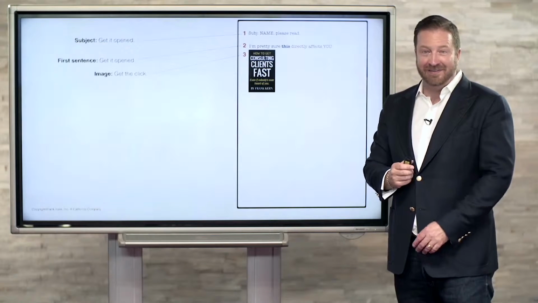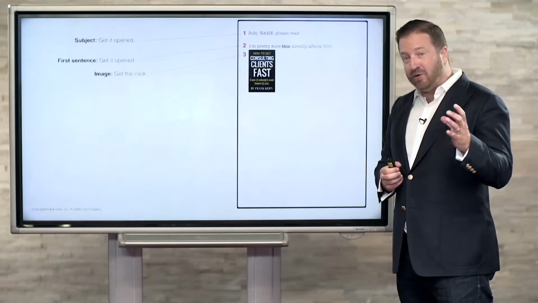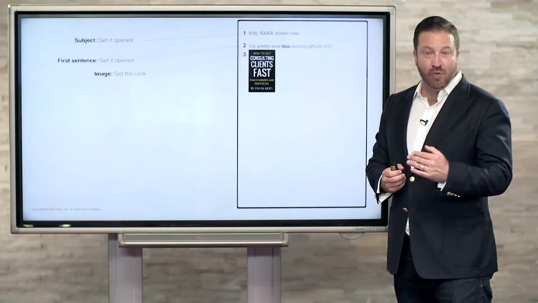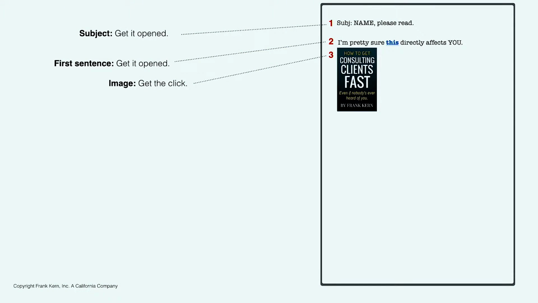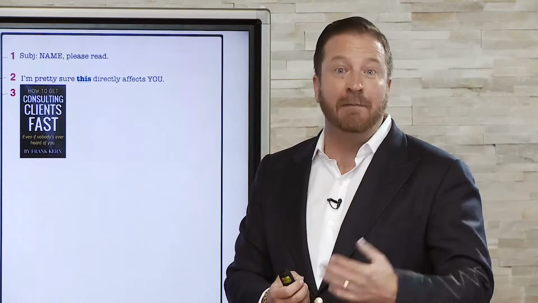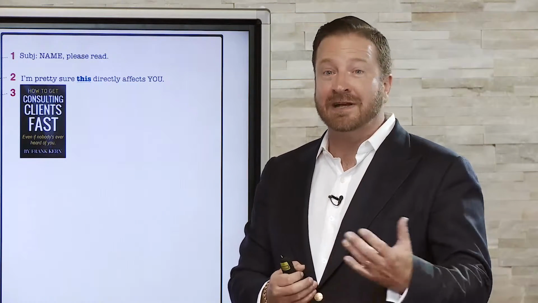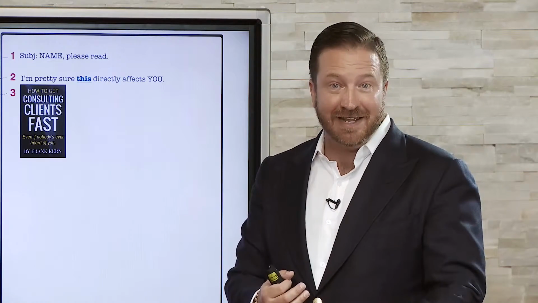Now, let's talk about the third element. Third element, in this case, is going to be an image, a graphical representation of the thing that you want them to click on. So if it's a video, take a screenshot of the video. In this case, I've just put a cover of my book here, only because that was the easiest image to insert in this keynote presentation for you, because it happened to be on my desktop. Right? So if you're sending them to a video, you want to take a screenshot of the video.